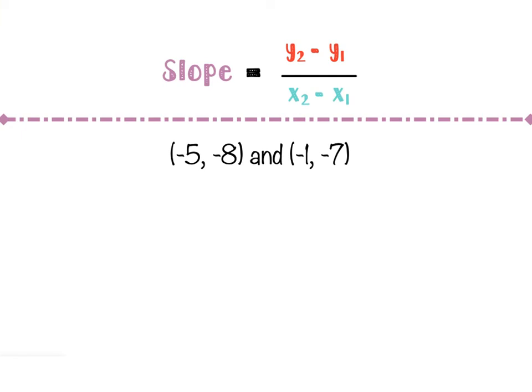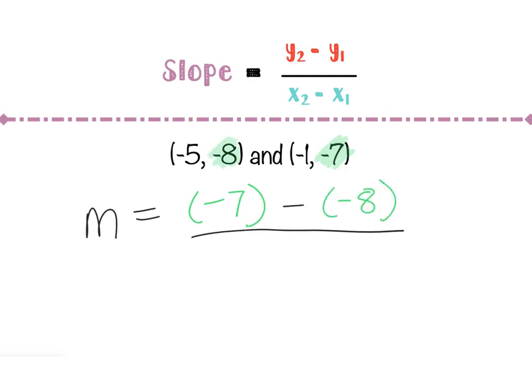I want you guys to try this one. So go ahead and find the slope between these 2 points. Hopefully your slope looked something like this. Start with y sub 2 minus y sub 1 all over x sub 2 minus x sub 1.